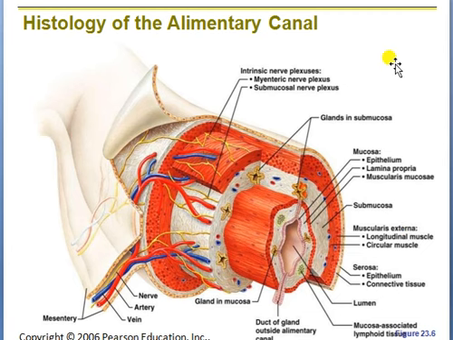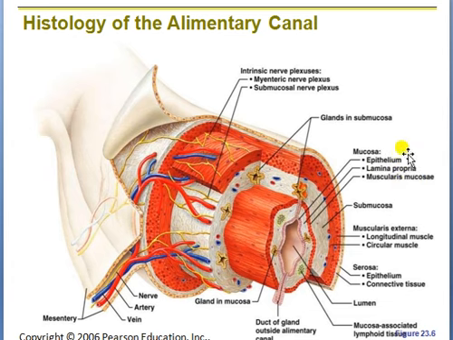Then the anatomy of the GIT: these are the common layers present in the entire GI tract. The innermost layer is the mucosa. The mucosa has three layers: the epithelium, the lamina propria and the muscularis mucosa.